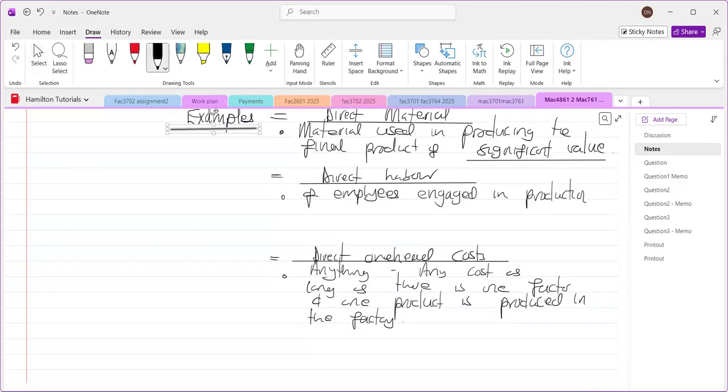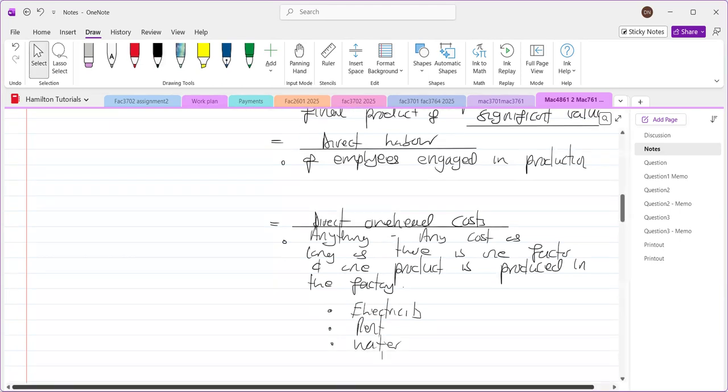So this here, in terms of example, can be anything. We can be talking about electricity, we can be talking about rent, we can be talking about water, we can be talking about any other cost.